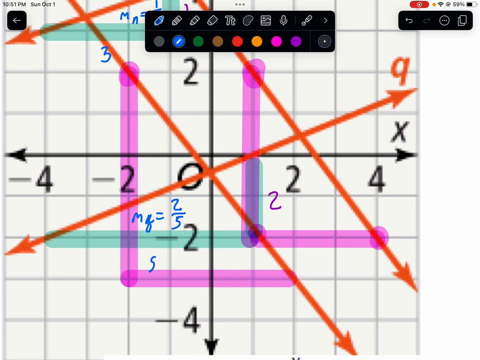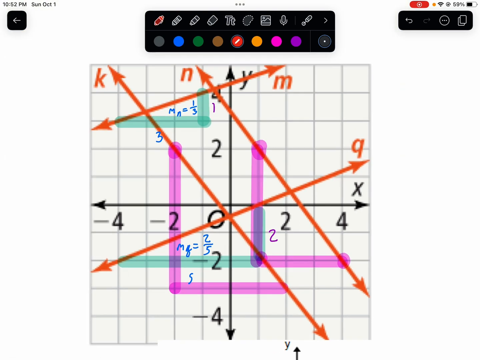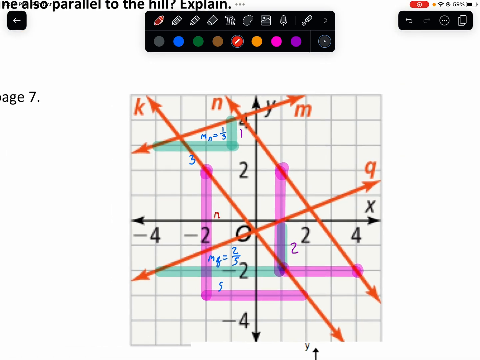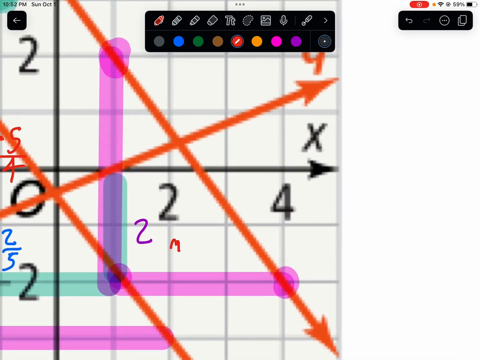Okay, look at those two slopes. The slope of line K is equal to, well, it goes down 5, but then I put a negative on it, over, and how much does it go across? 4, -5/4. What about the slope of line Q? The slope of line Q goes down 4, so that's a 4 with a negative because it's going down, and it goes over 3.